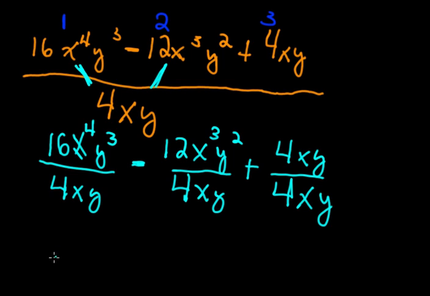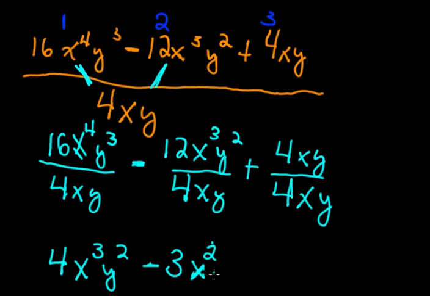So the first division gives me 4x cubed y squared. Keeping my exponent rules, x to the 3 minus 1 gives me x squared. And then y squared divided by y is y.